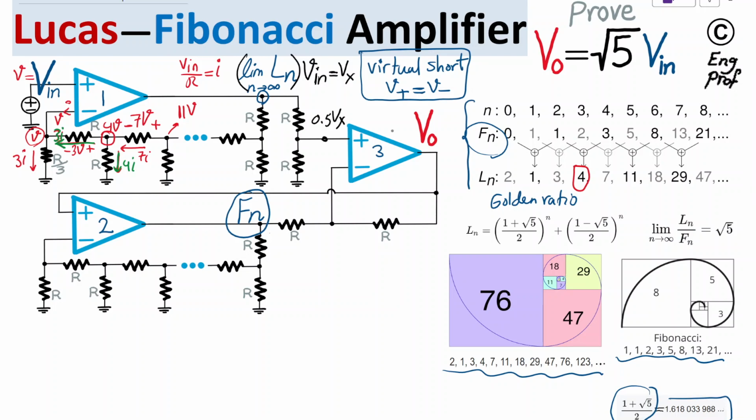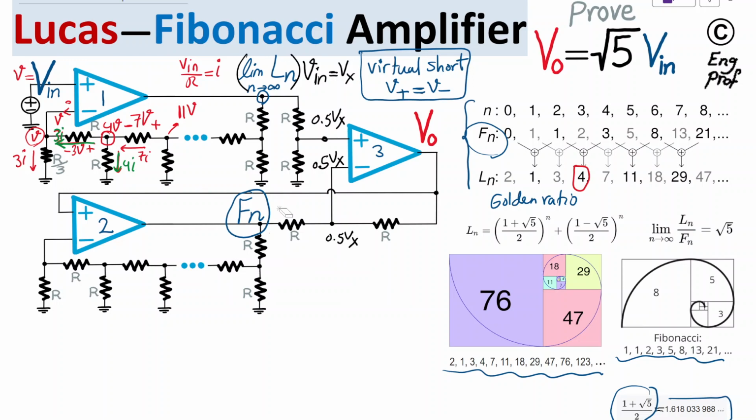Because we are saying that op-amp 3 is properly biased with the supply voltages properly connected and with the negative feedback properly applied between output and input, op-amp number 3 also benefits from virtual short, which means if we have 0.5 Vx on the positive input terminal there, we should have 0.5 Vx at the negative input terminal as well. So 0.5 Vx appears here as well. So I will write it here, 0.5 Vx.